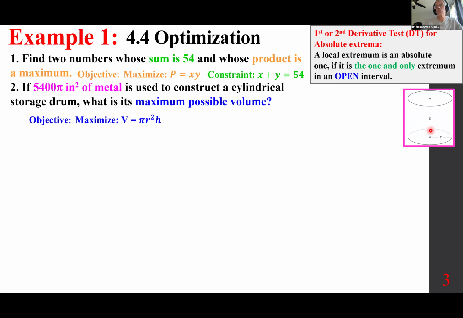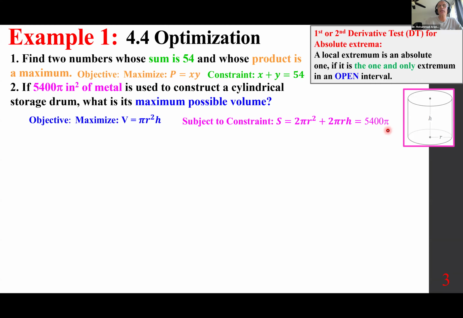The surface area: the area of the base is πr², and you have two of them, the bottom and the top. The surrounding, if you cut this open, becomes a rectangular shape with the height h as one side and the other side the circumference of the base, 2πr. So, subject to S equals 2πr² plus 2πrh equals the number given, which is 5400π. And you take it from there.